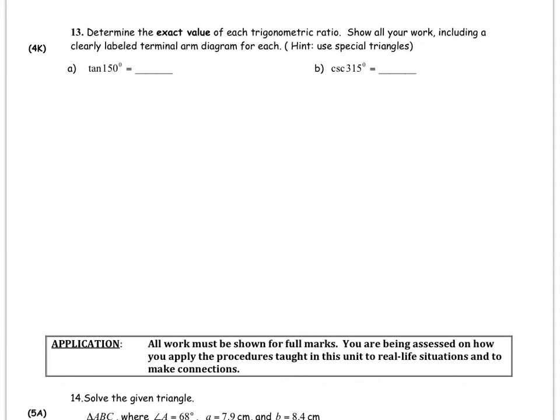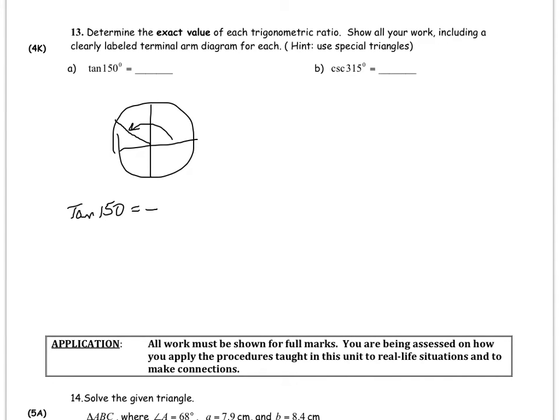The next question says determine the exact value of each trig ratio. We are supposed to show all our work, including a clearly labeled terminal arm diagram for each. So if this is my unit circle and this angle is 150, we know that tan 150, because 150 is in the second quadrant and tan is negative in the second quadrant, is going to be negative.